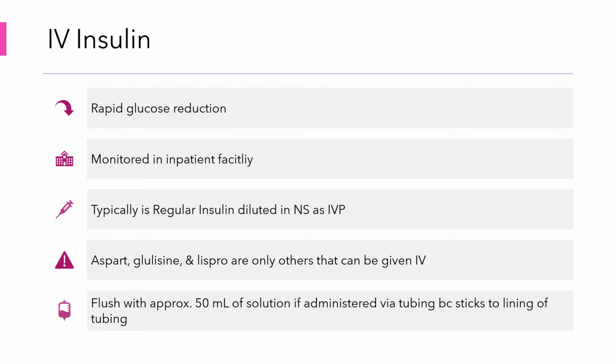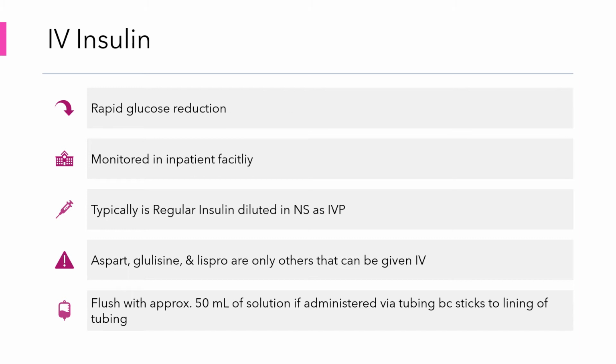They need to be monitored after IV insulin has been given. Typically, this is regular insulin, and we can dilute it in normal saline as an IV push. Aspart and Lispro are the only other insulins that can be given through the IV route, but typically it's just regular insulin for this rapid, immediate glucose reduction.